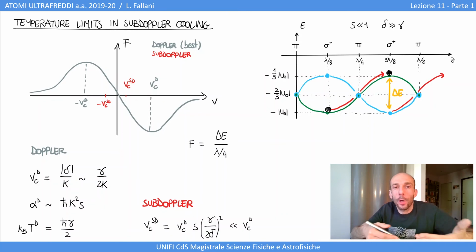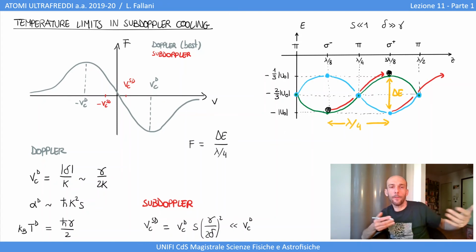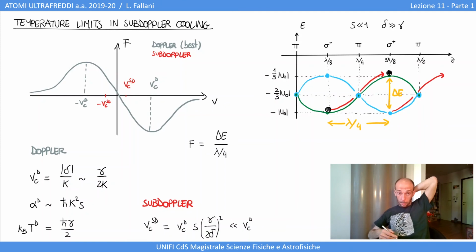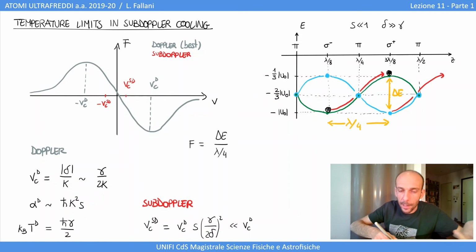And we are losing this delta E on a length scale of lambda divided by 4, and so energy divided by a distance, so this is the force. So again, let me write it and approximate that again. So what is delta E?